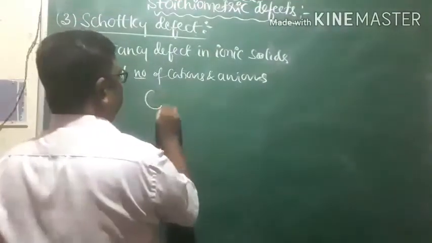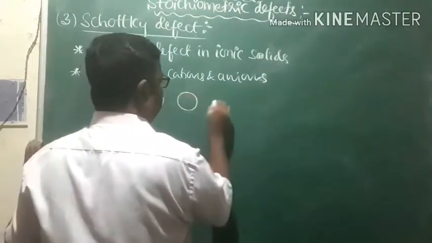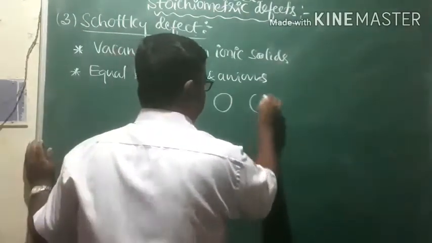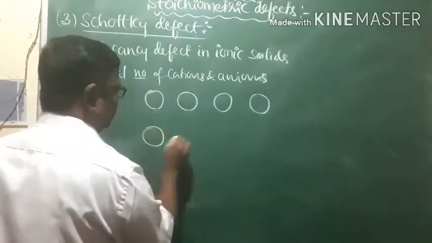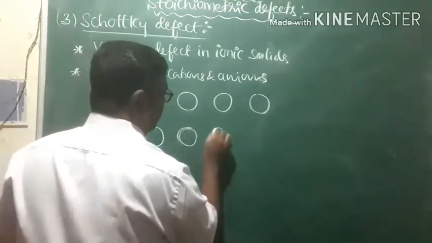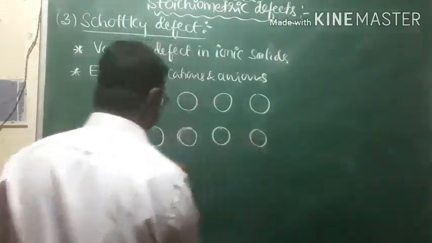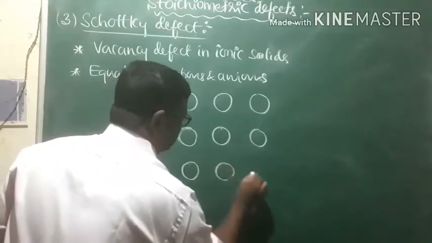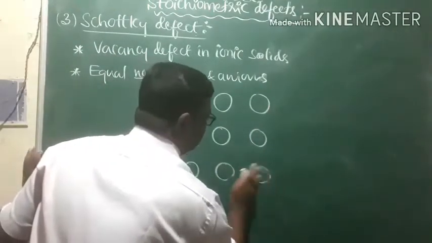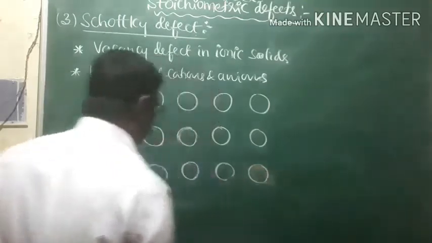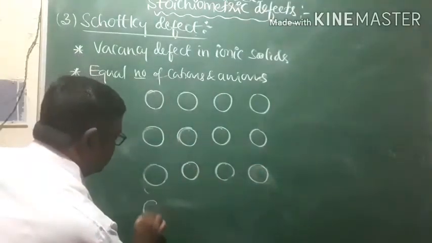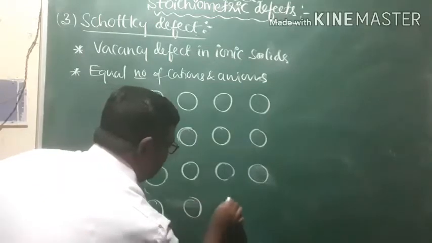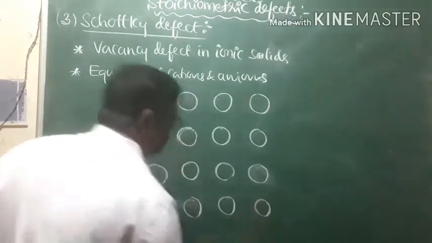Consider one lattice of one of the ionic crystals, where cations and anions are present at the lattice sites.